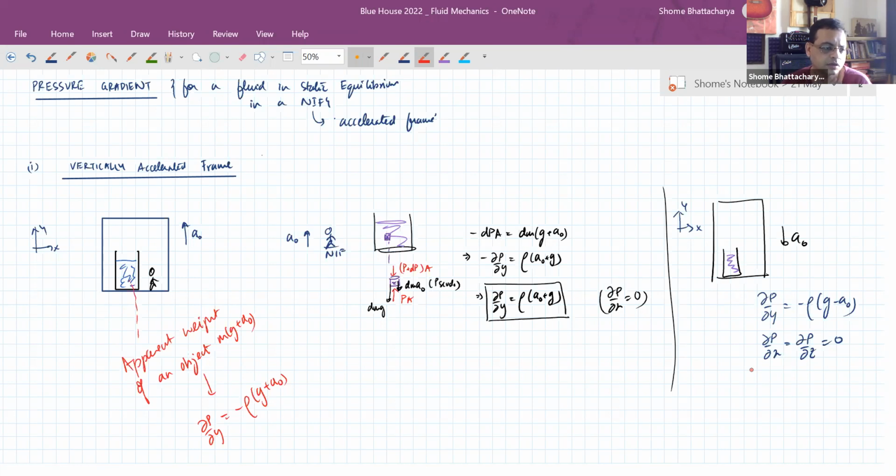Whereas if your a naught is less than g, then your buoyant force will be less than the weight of liquid displaced. It will be like the apparent weight of liquid displaced. It will be density of fluid into volume of submerged part into (g minus a naught), where you're falling with an acceleration a naught, but it's less than g. Got the point now?